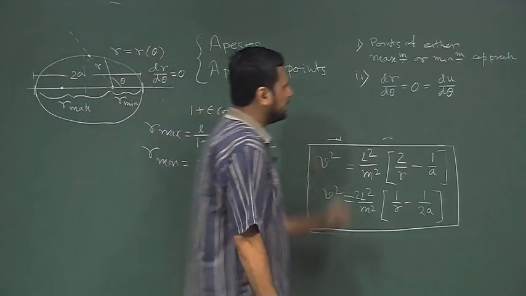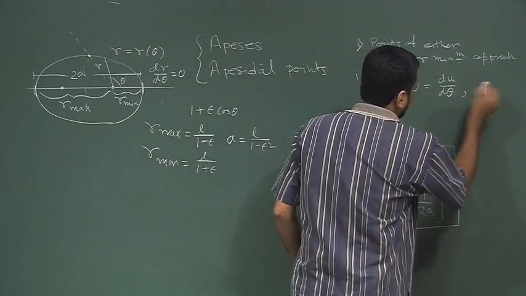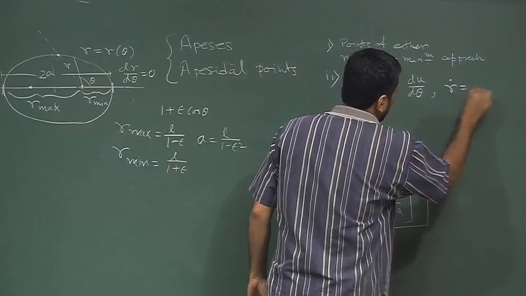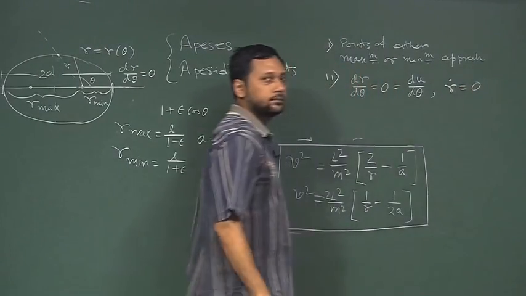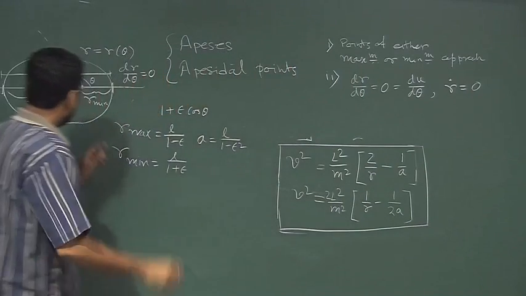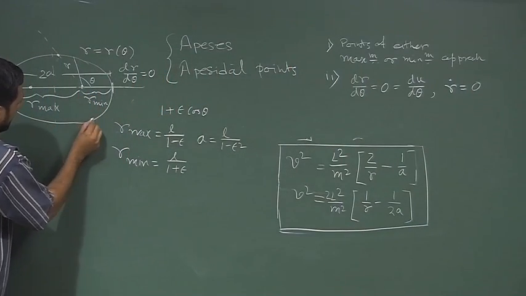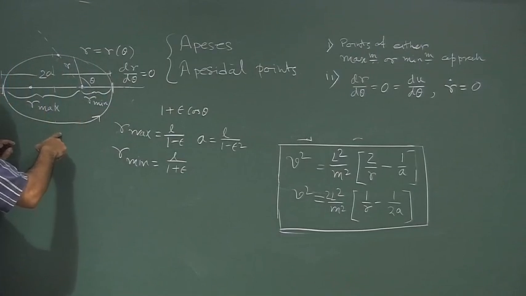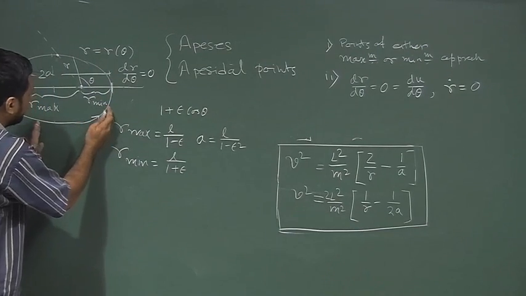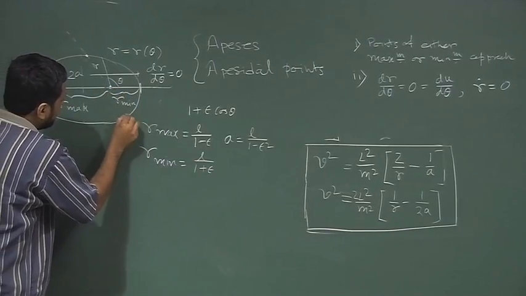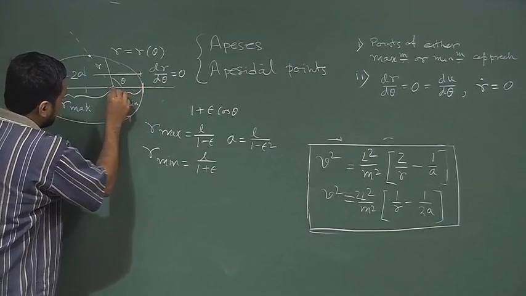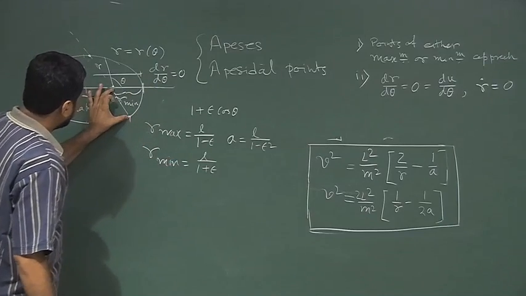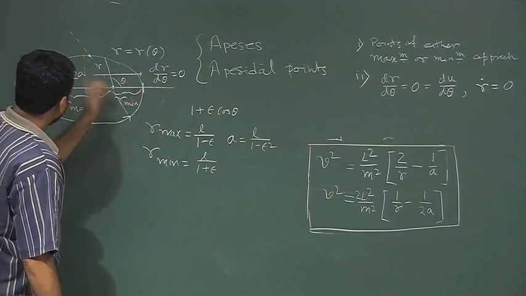Also, not only the spatial derivative, but also the time derivative of r will vanish here, because if you think of it, when a particle moves on this particular orbit, let us say, we are just taking this as an example, at each point the velocity changes, right, and over time the value of the radial vector changes, and these are extremum points.